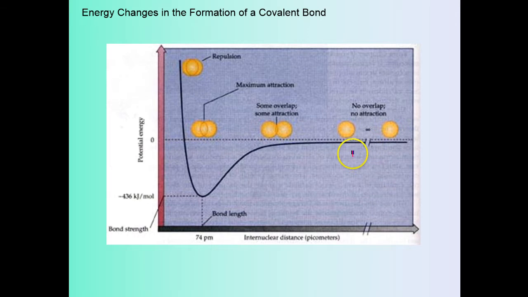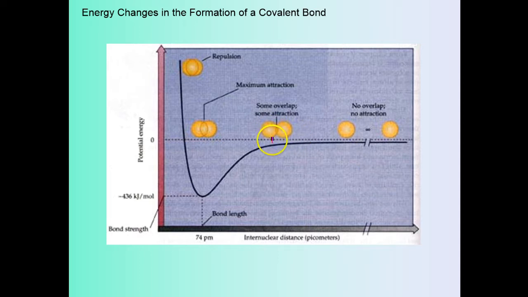These individual atoms are at zero potential energy because by themselves they're not interacting with one another, so they're not overlapping or sharing electrons. They just kind of exist. But as they're in constant motion, they move closer together. Then they start forming an attraction between the positive nucleus and the electron cloud.